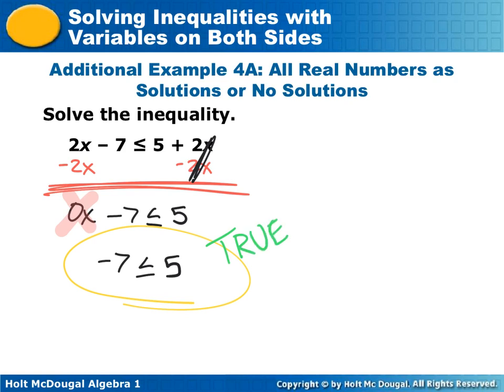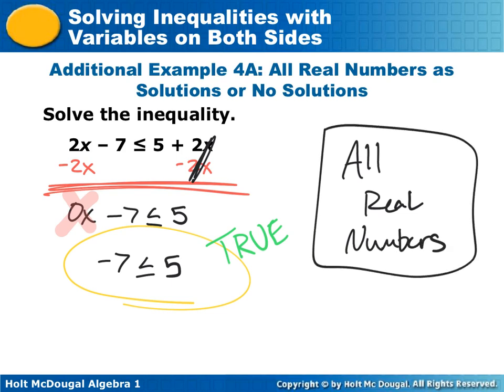What is left is true. And since it is true, that means it doesn't matter what number you plug in there. You will always get all real numbers. It does not matter what gets plugged in, because the inequality left behind is true. Are y'all with me? Okay.